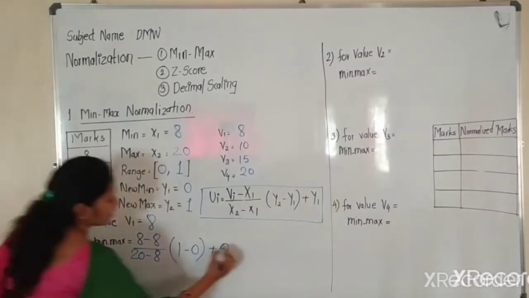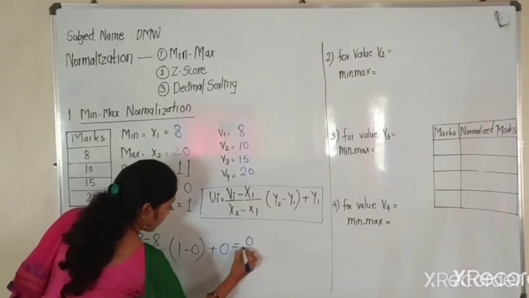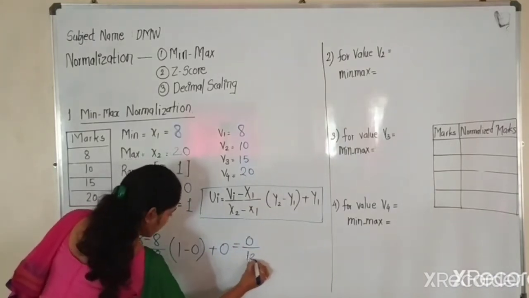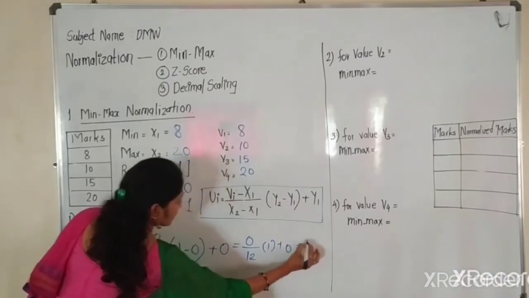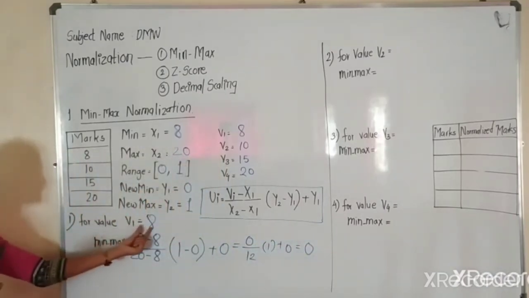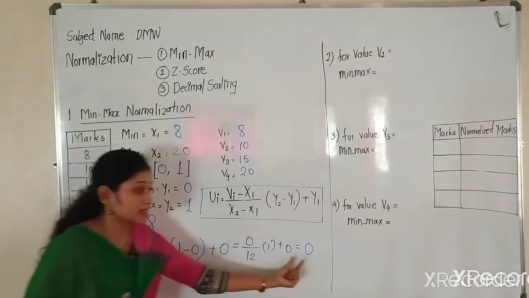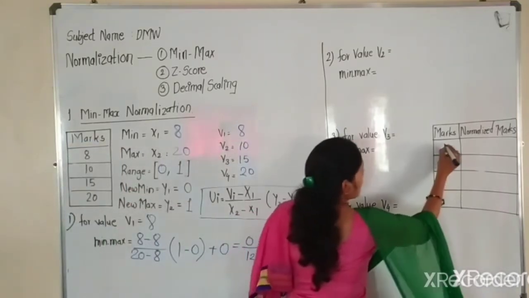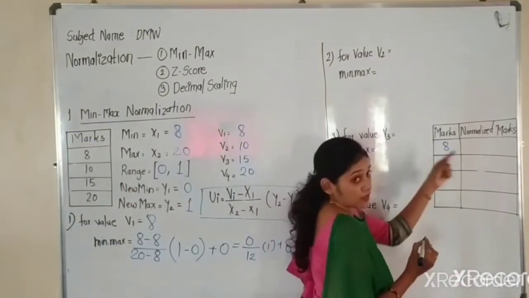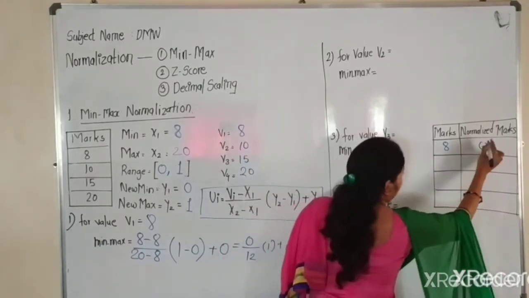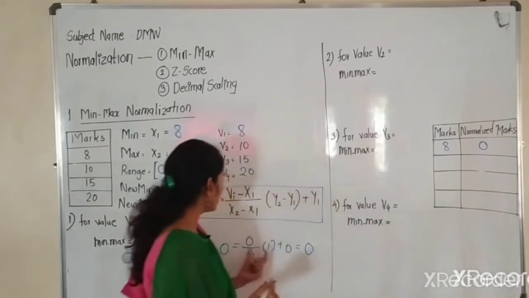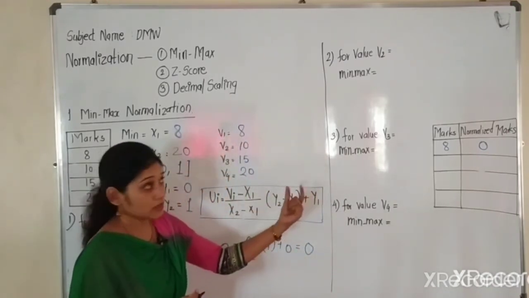So 8 minus 8 is 0, divided by 12 into 1 plus 0, so it becomes 0. So 8 is now represented as 0. I can say that my previous mark is 8 and the normalized mark of 8 is nothing but 0. In this way I can represent the marks in the form of normalized marks.